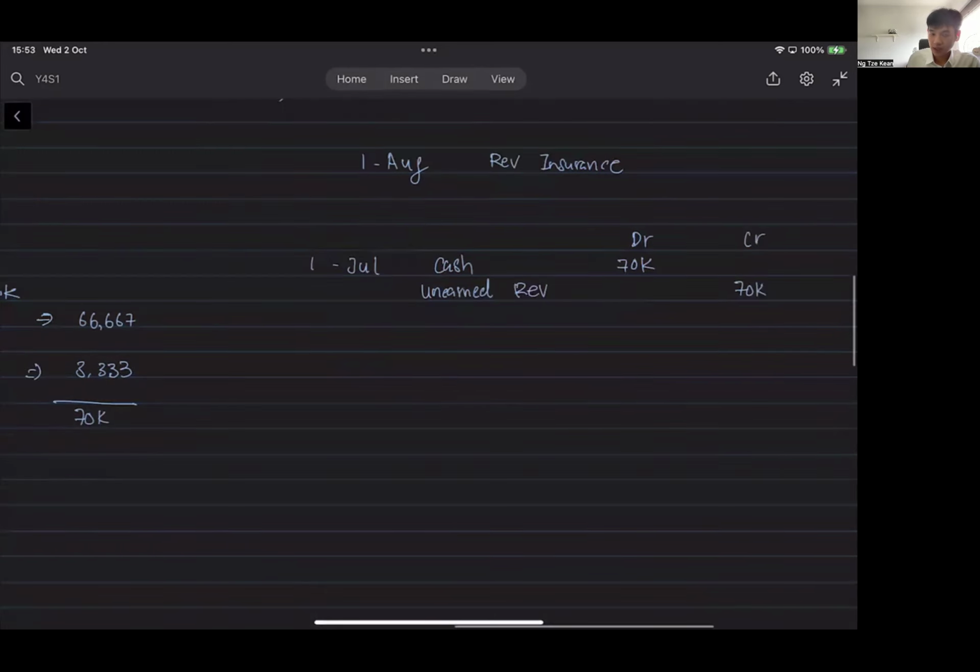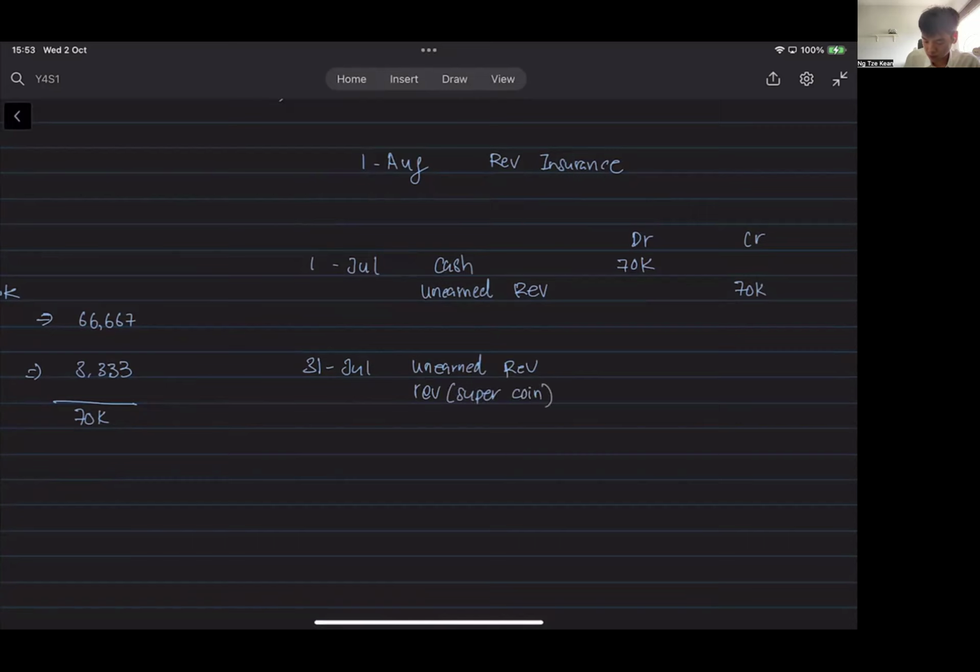Okay. And moving on to the next date. So on the 31st of July, recall the Supercoin was delivered to Roller. So now you need to recognize the revenue for the Supercoin, right? And when you want to recognize the revenue for the Supercoin, we would convert the unearned revenue to the revenue recognized. So unearned revenue to the revenue for Supercoin.